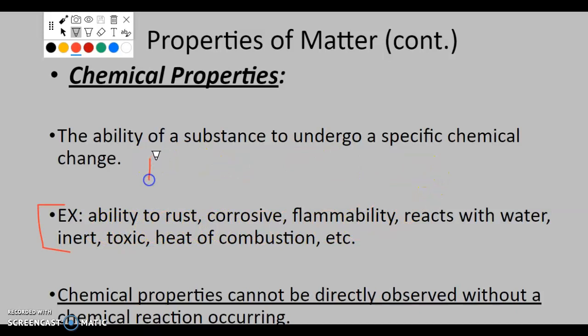So remember, change in composition, we're talking about the chemical formulas. So before, the substance has certain chemical bonds or chemical structure. After, it is something completely different. So if that happens, then whatever you were testing must have been a chemical property.